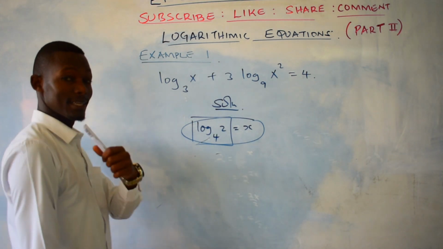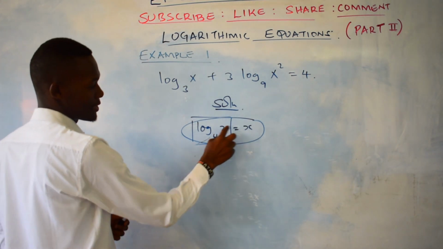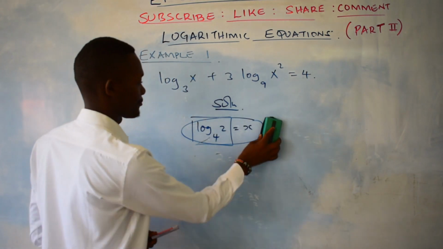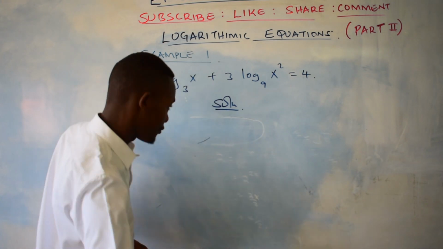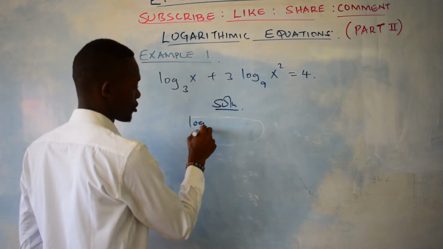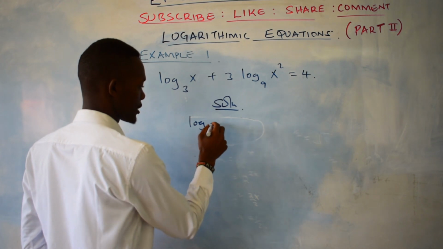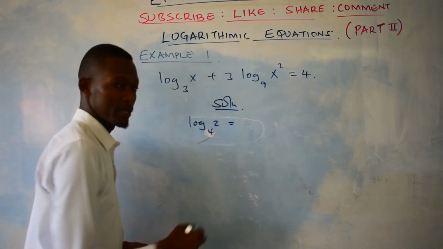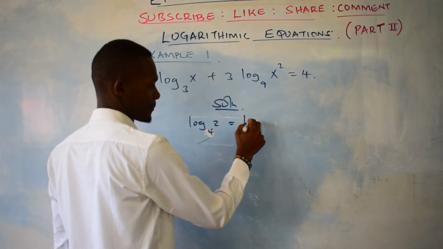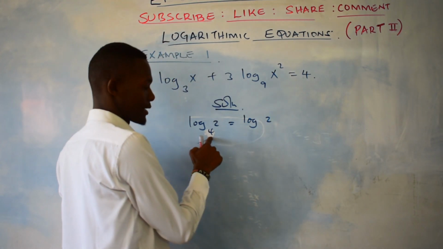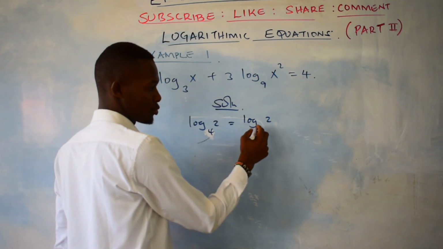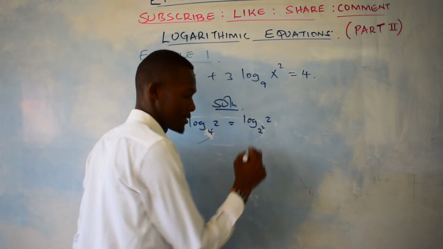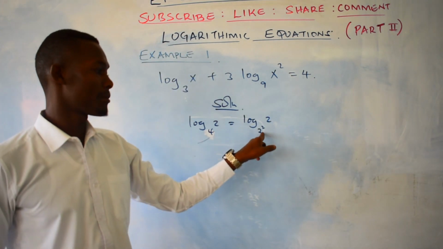We know our answer is a half. The log of 2 to base 4 can also be rewritten by writing the base 4 as 2 squared.